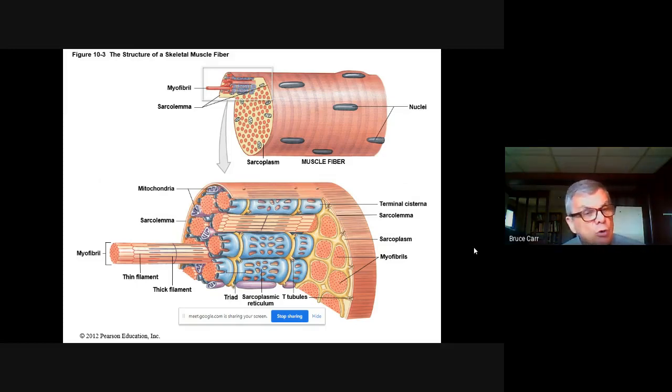That creates actually three spaces inside. The sarcoplasm bathes the entire inside of the myofibril, including the surfaces of those blue and yellow structures, and penetrating through the entire interior of the individual sarcomere.